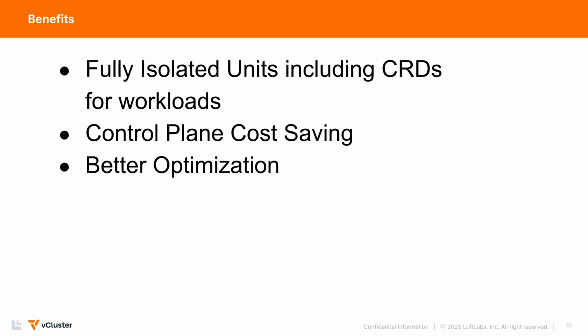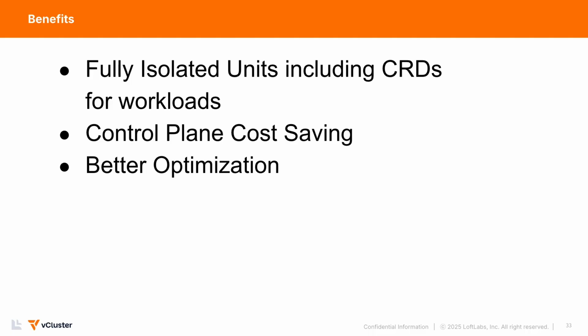If you are sharing a cluster across different teams, there might be a problem where you are building new CRDs and new operators, but as those are cluster level objects, those fail because you can't have the same version again and again. So when you create virtual isolated units for your cluster, you get a fully isolated unit while also getting the benefit of sharing GPUs.